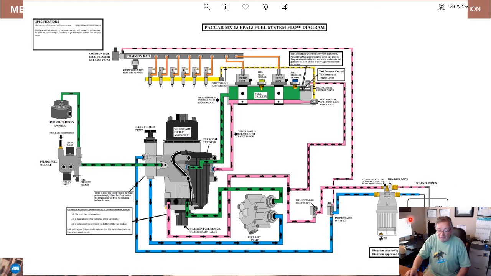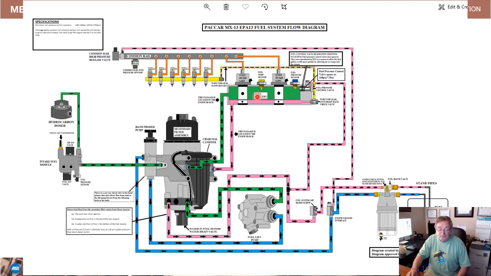We have the blue, which is the suction side, right up to the fuel pump or lift pump, depending upon the engine. The green is going to be low pressure coming out, low pressure to the unit pumps.